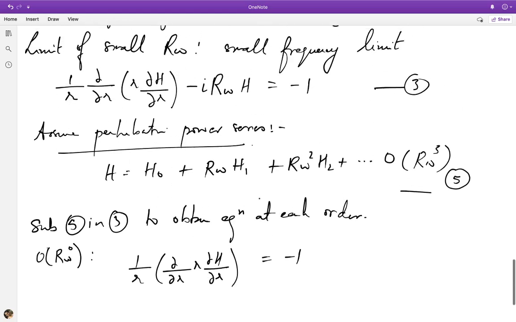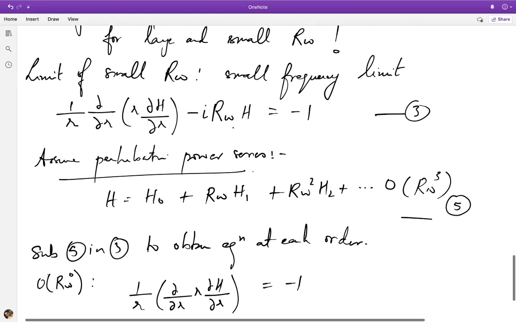In fact, we could see that here itself, which immediately motivates a perturbation series, right? So even if you were to look at equation 3 mathematically, in the sense that someone were to present you this equation and say, look, I've obtained this equation from some physical problem and I want to obtain a solution to this problem analytically, you can, or you want to get some insight into the solution.